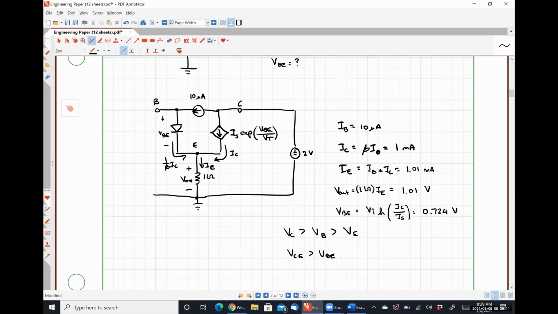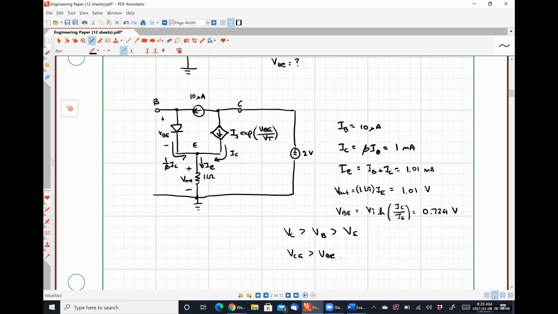We should easily be able to see that the potential difference VBE has to be greater than the voltage at the emitter terminal, because if we do KVL, VB with respect to ground is VBE plus VE. So inherently, we're still under forward bias conditions here.